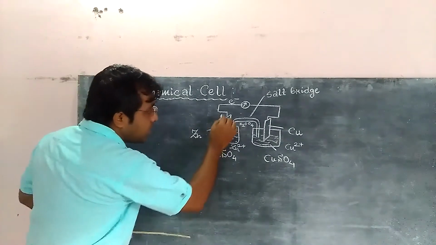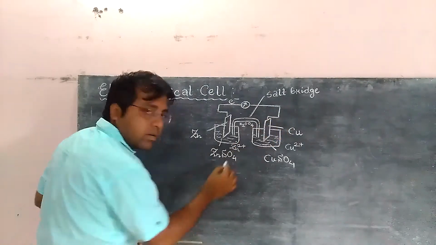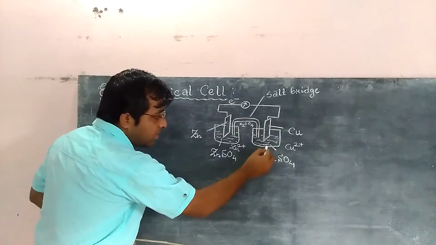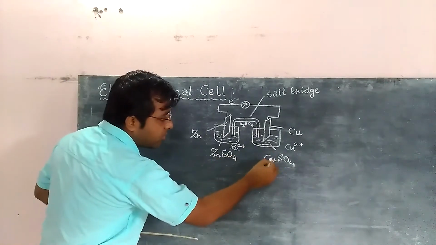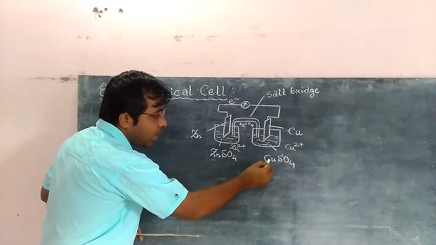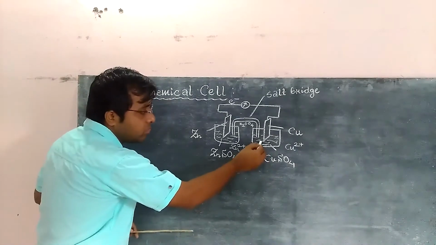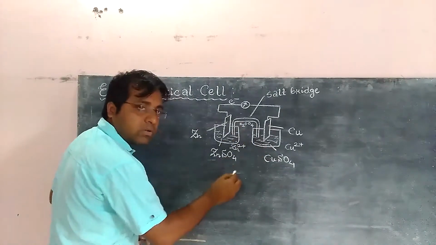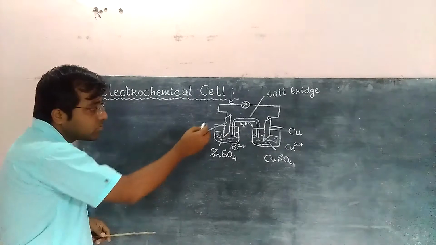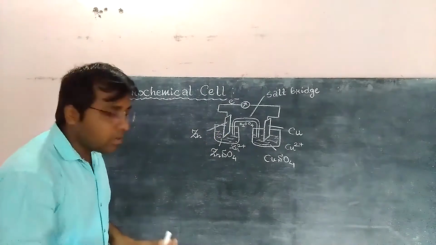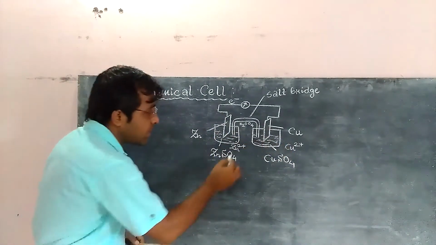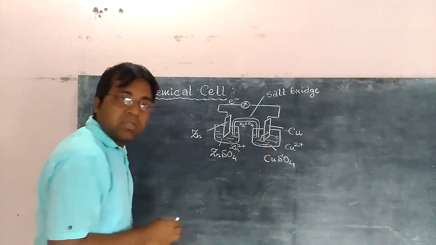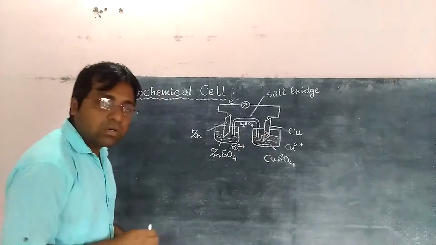After that, this electron reaches the copper electrode. Here copper sulphate solution is present, and this solution contains Cu2+ ion and SO4 2- ion. So this Cu2+ ion will gain those two electrons which are lost by zinc, and get deposited on this electrode.